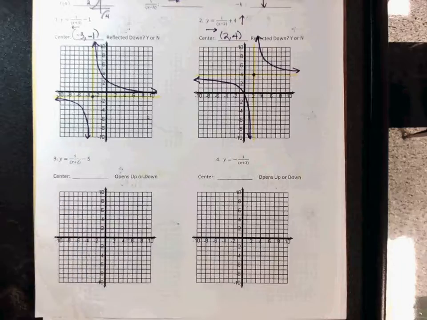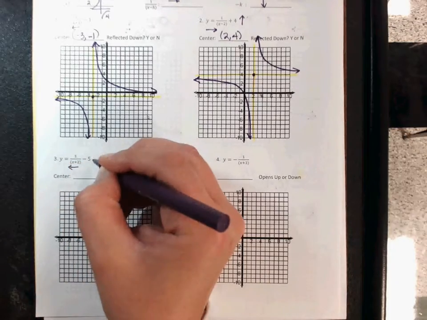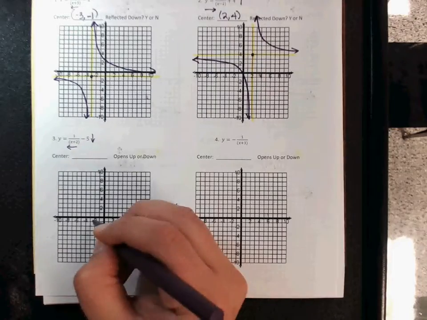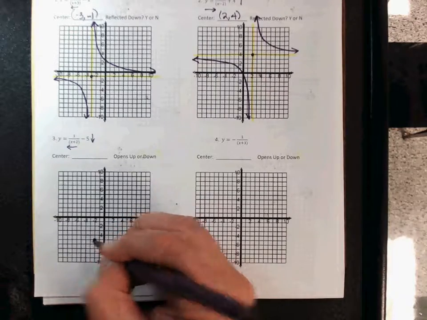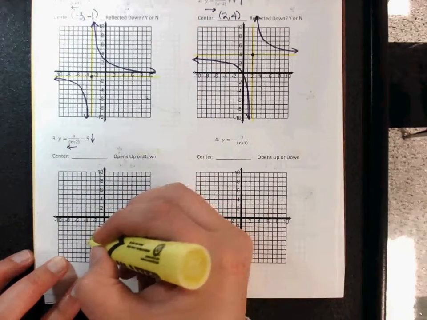Go to the next one. How would number 3 be shifted? Which direction for the 2? To the left 2. What about the 5? Down. So I would go to the left 2, down 5. Once I get that point, I draw in my little crosshair, my little plus sign.